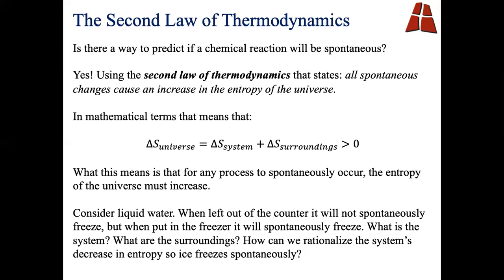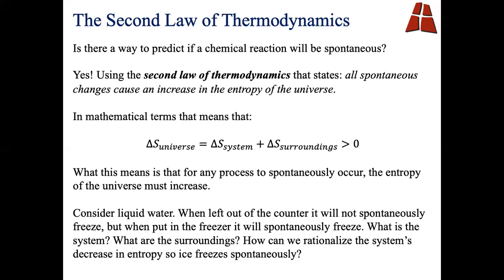So our system, in this case, would be the water that's within the ice tray, and our surroundings would be the freezer. That freezer is ultimately connected to some sort of electrical outlet that puts electricity into the freezer to move heat out of the freezer, outside of the refrigerator or the freezer itself.